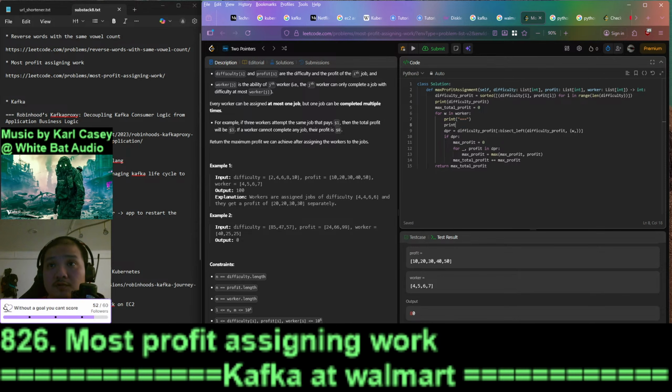Right, print W. And we get back the array PR, and then we print max profit.